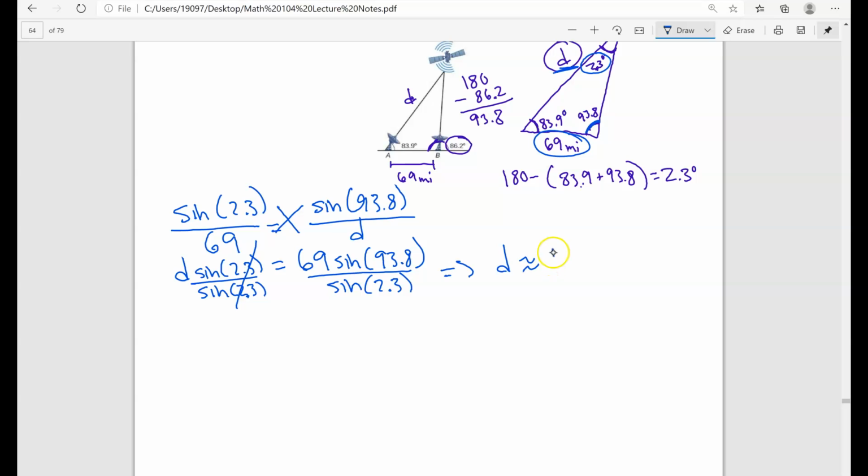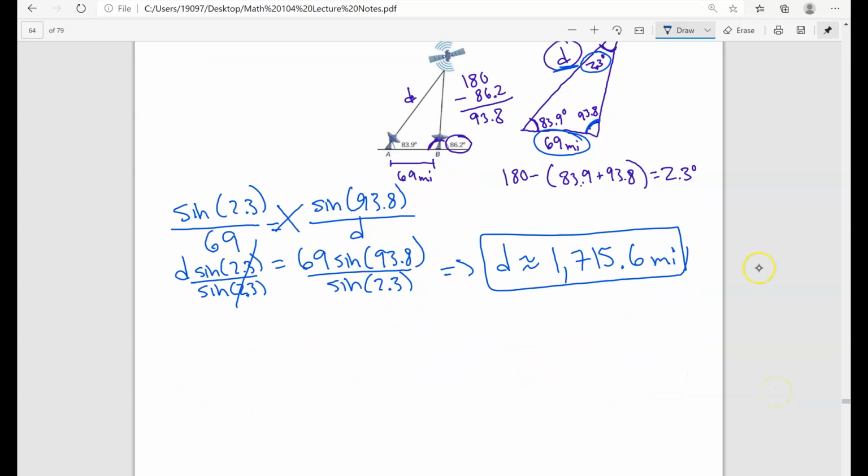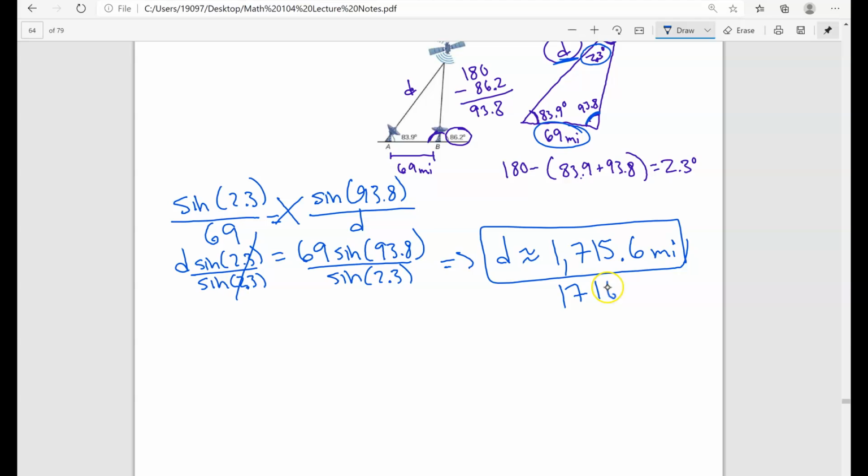I ended up getting 1,715.6 miles. So that's how far away the satellite is from station A. You wanted whole miles, so it'll be basically 1716.